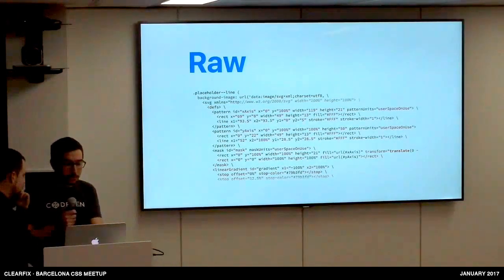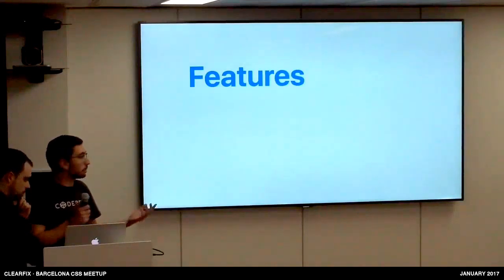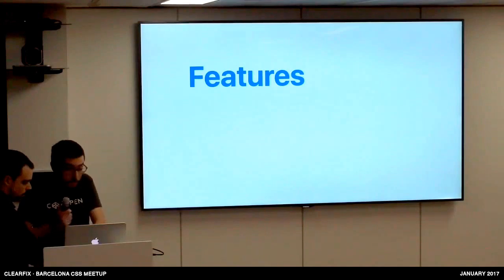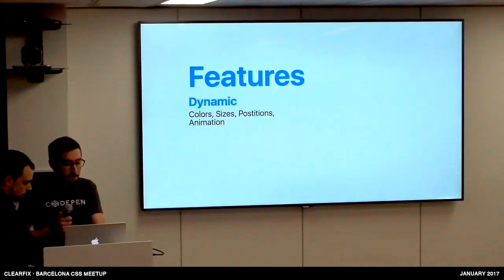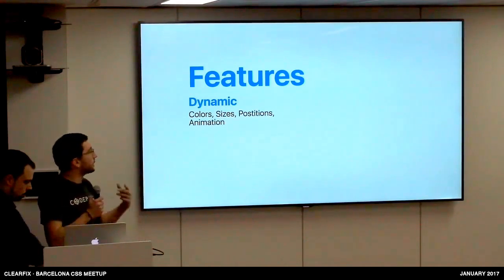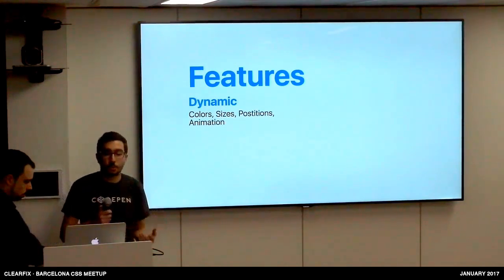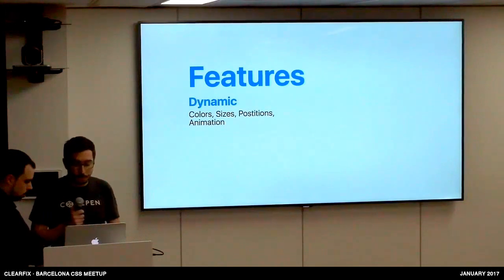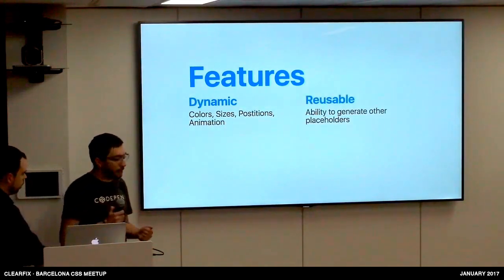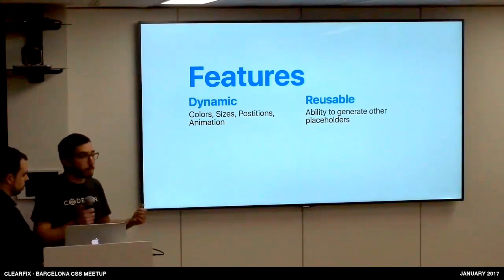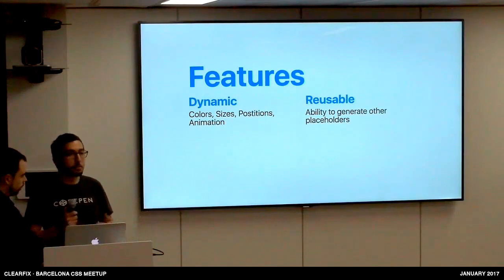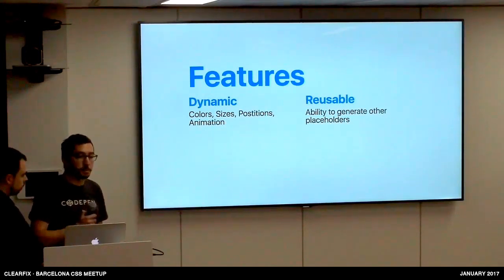So what we wanted to do in Sass, this could have been done in Less or any other preprocessor, but we use Sass here. We want it to be dynamic. We want to tweak the colors, the sizes, positions, and be able to also tweak the animations however we want. Next thing is reusability. We will be having more placeholders like this one for other types of charts. The pie chart, for example, will have a different placeholder.